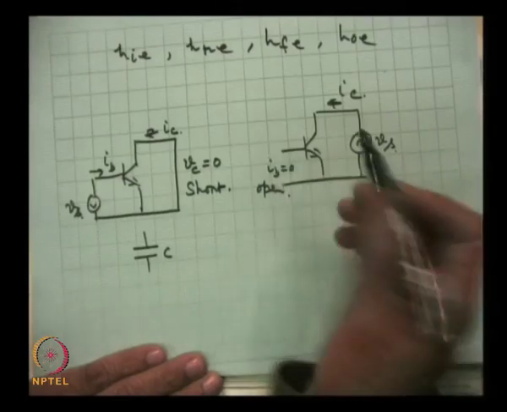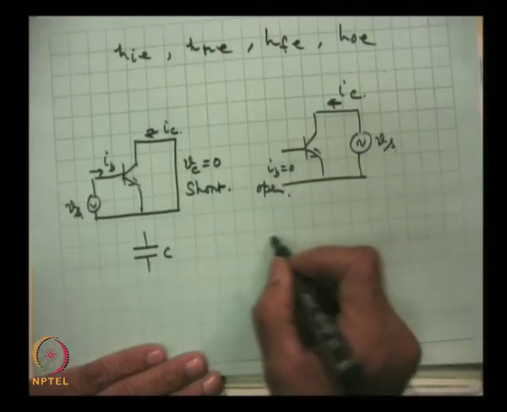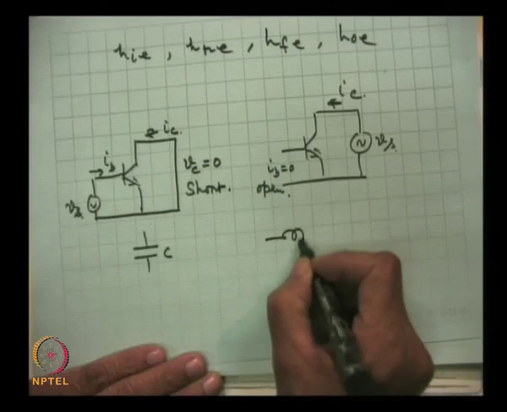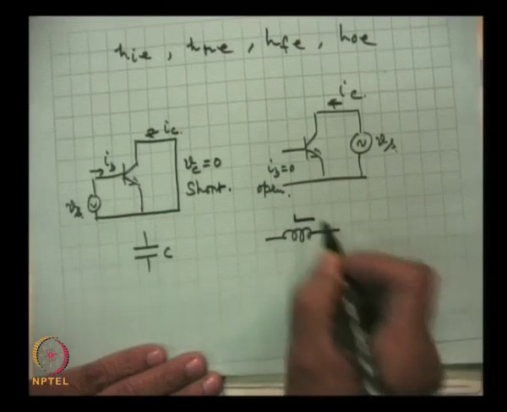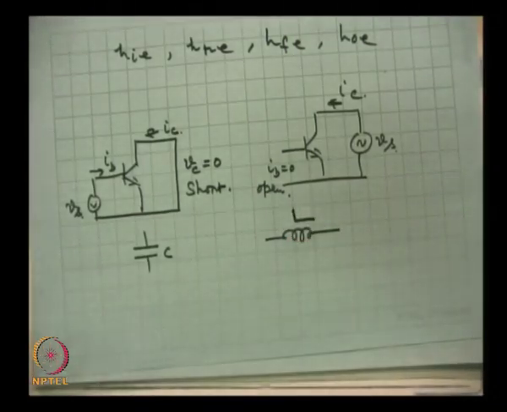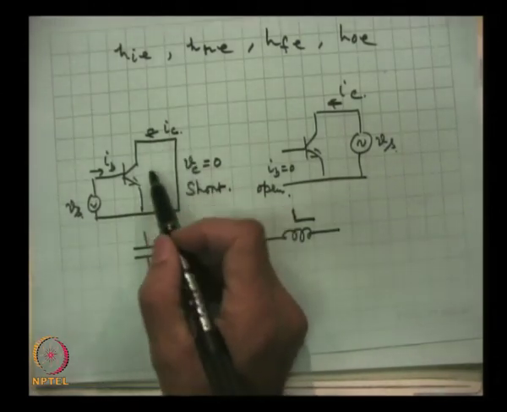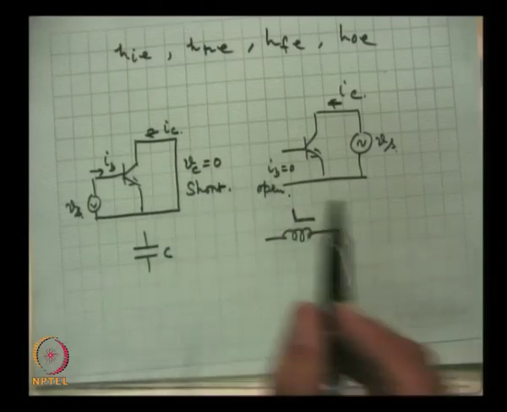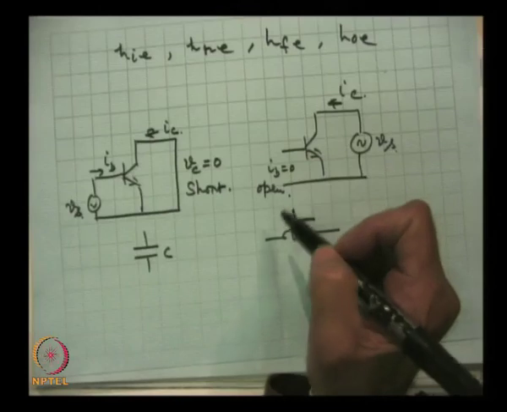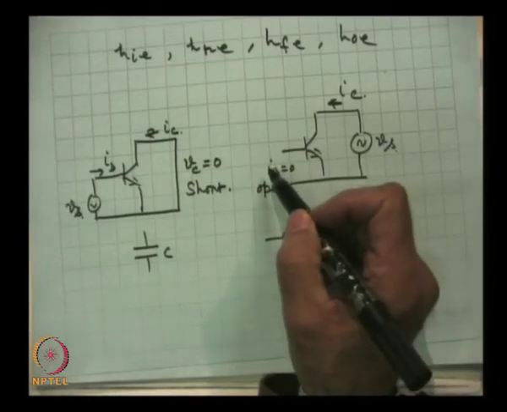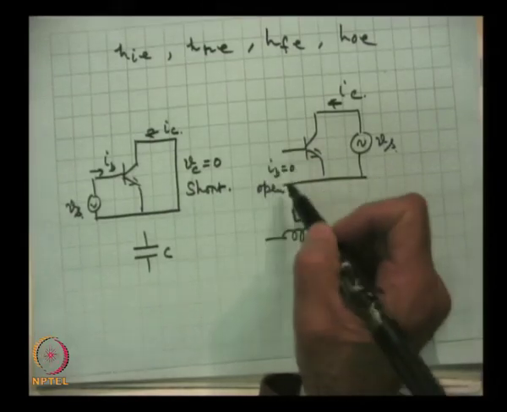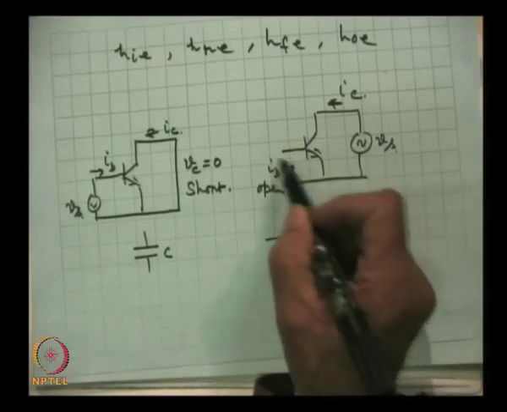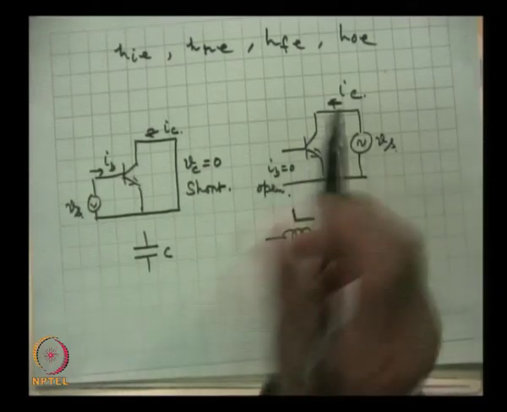So, we can't just leave it open. This open condition can be obtained by using an inductance of appropriate value in series with this. So, by use of a capacitor at the output we can establish short conditions, and by using an inductance of appropriate value in series at the input we can establish these open conditions.